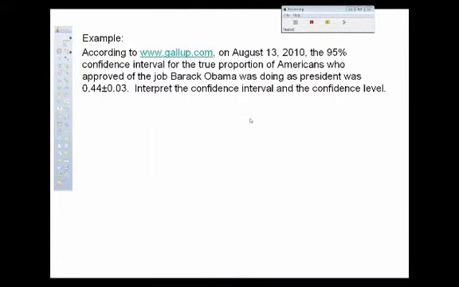So, according to www.gallup.com, on August 13th, 2010, the 95% confidence interval of the true proportion of Americans who approved of the job Barack Obama was doing as president was 0.44 plus or minus 0.03. Interpret the confidence interval and the confidence level.